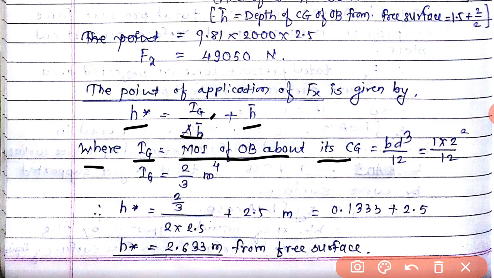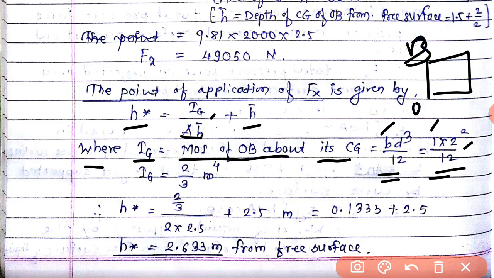So the equation for this will be b d cube upon 12. So 1 into, what is b? b will be 1 and d will be 2, so 1 into 2 cube upon 12. The OB surface or OB area will look like this: O is here, B is here, and the width is unity.